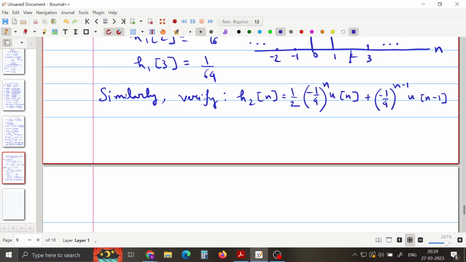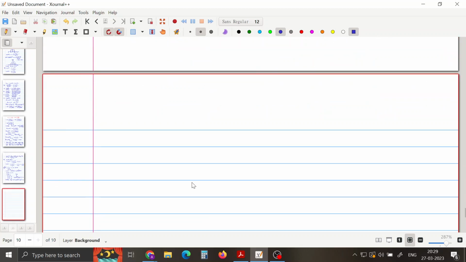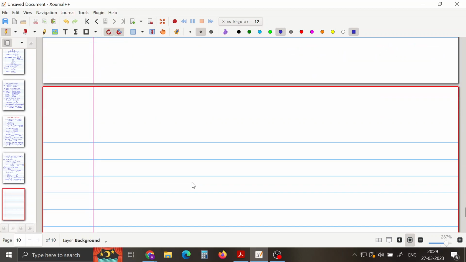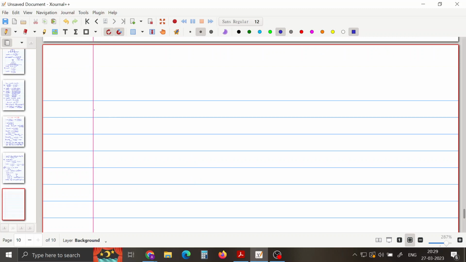And about the step response, let me also show you just one example for the step response. So far we have looked at the impulse response.